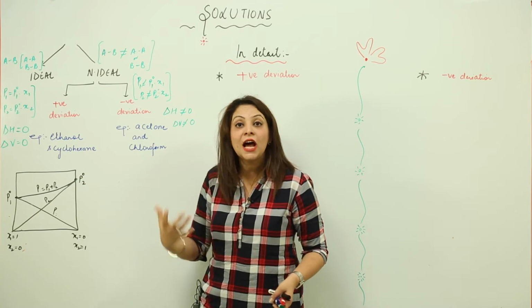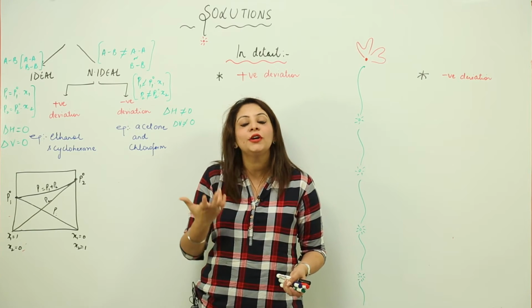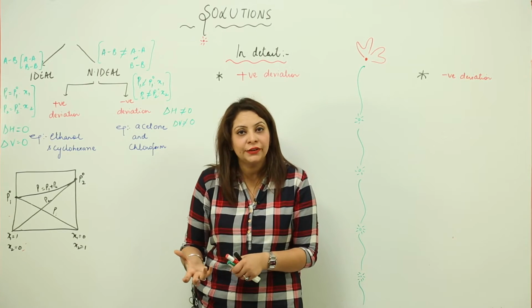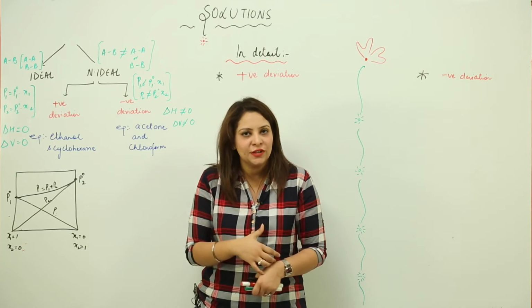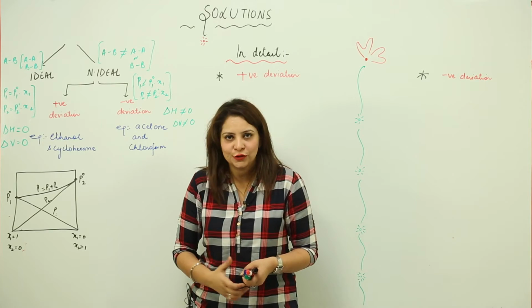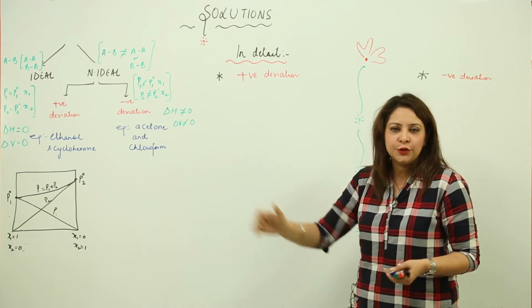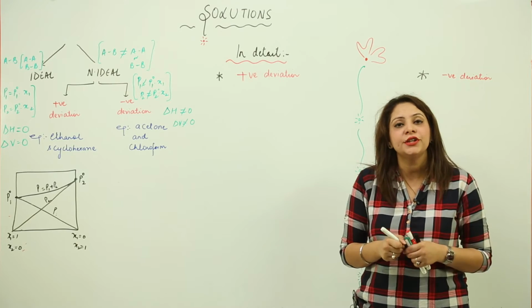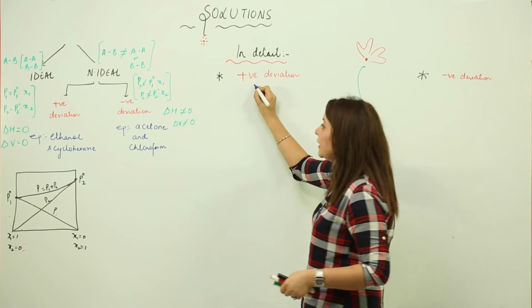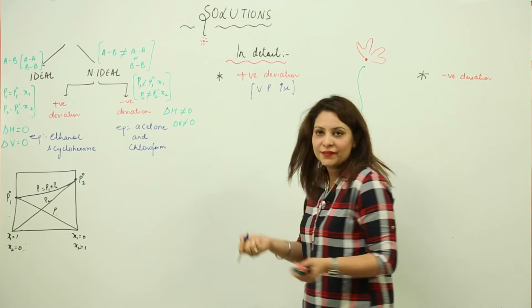We will be discussing how they are actually showing the positive behavior, or how their vapor pressure is being increased and how in the other case the vapor pressure is being decreased, despite that they both are non-ideal solutions, right. So just look at the board here. Now positive deviation. When I say positive deviation, it should be clear in your mind that in this case vapor pressure is going to increase, obviously, right.